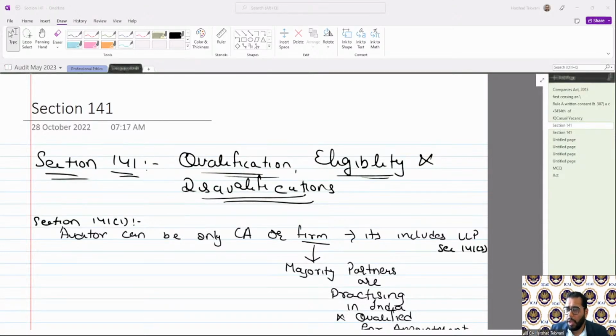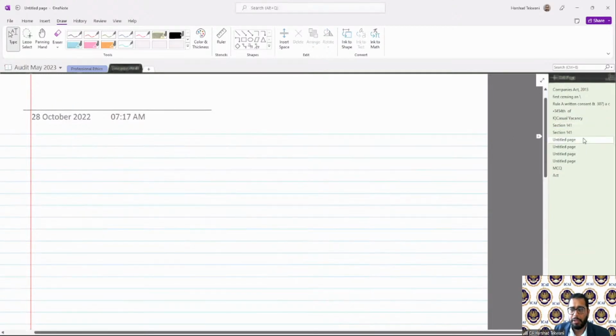Now, there is one more section that I want to discuss, that is 140, removal of an auditor. If there is a removal of the auditor, then what are the provisions that are required to be complied with?